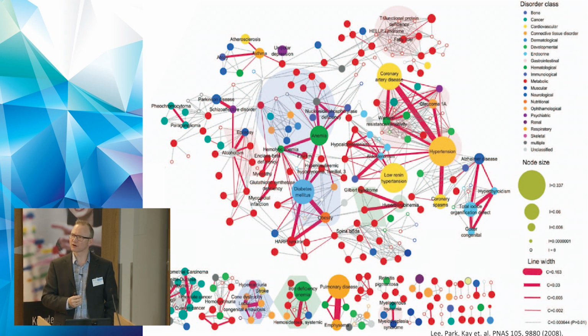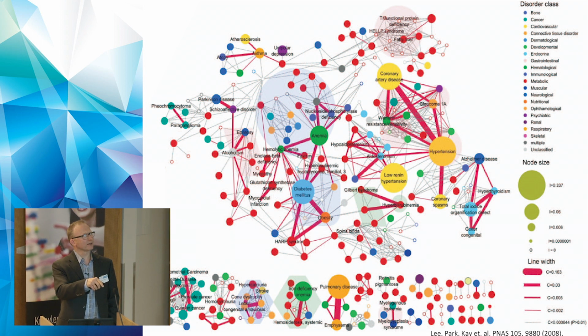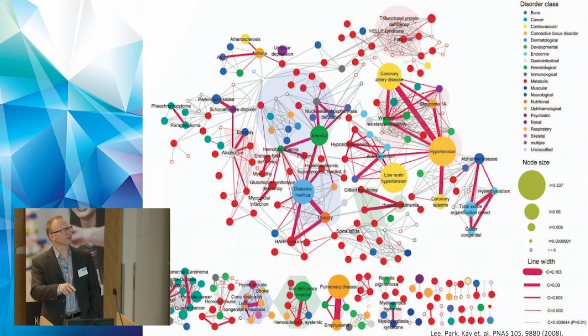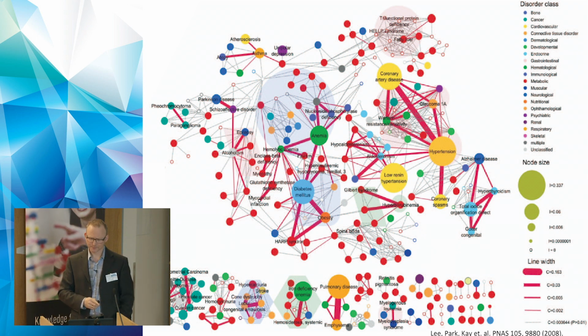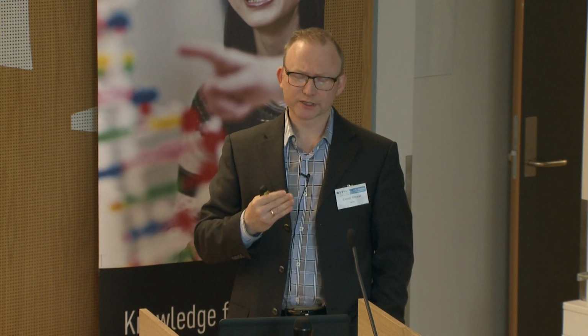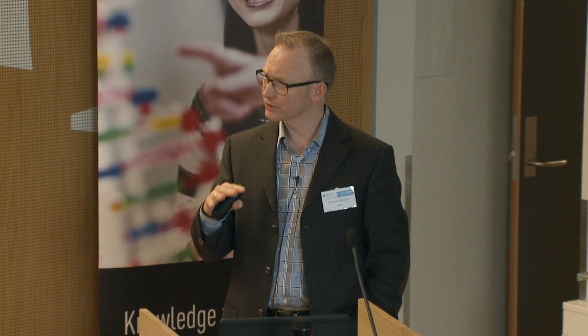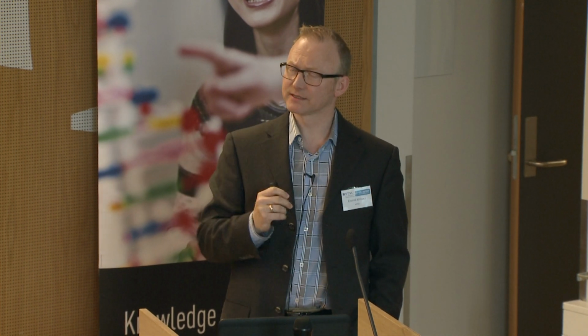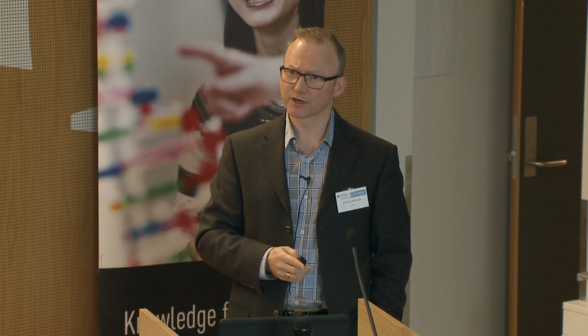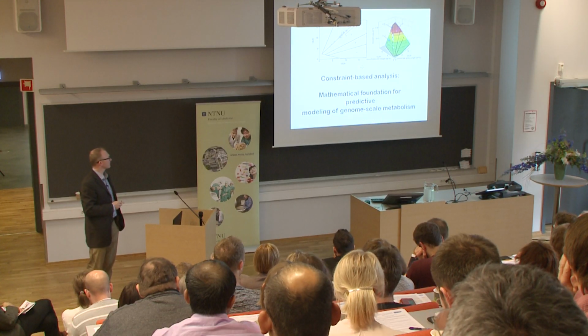Not all the links are of equal importance. Some are highly significant, and the red ones are those that are statistically significant in the system, and others are not so significant. So at this point, I hope that you see there is a connection between biochemical networks and the higher level disease systems that we're used to thinking about in humans.